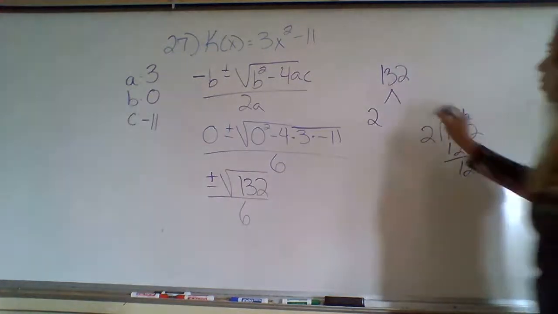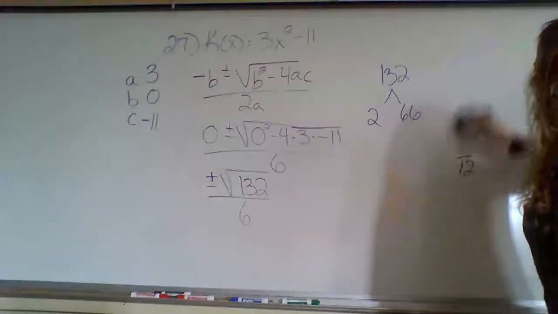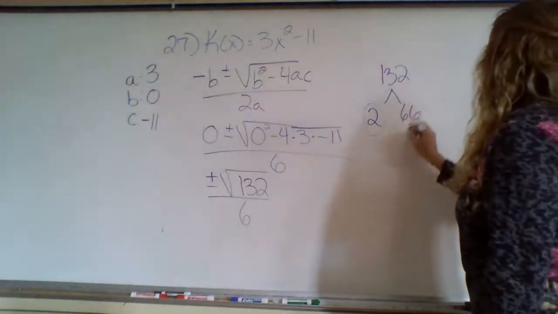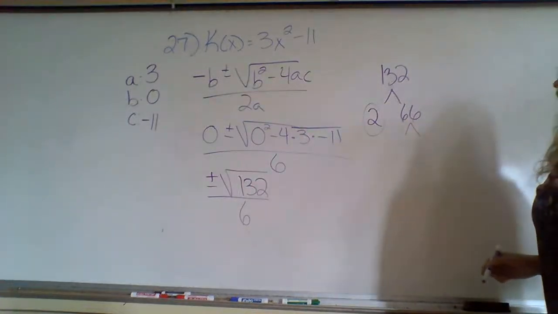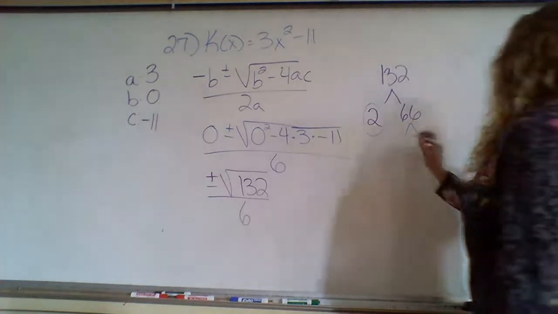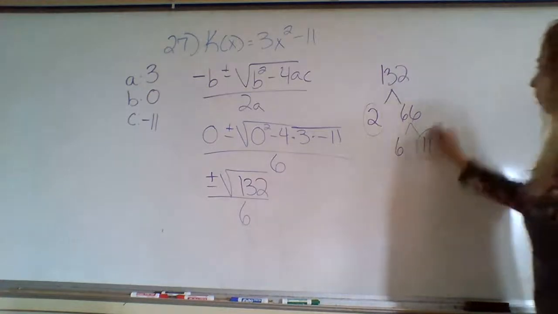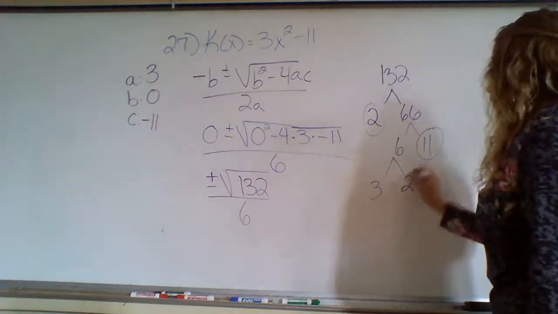All right, 2 and 66. This is prime. This is not. 6 and 11. 3 and 30. 2 and 33. Let's just do 6 times 11. This is prime. This is not. 3 times 2. There we go.